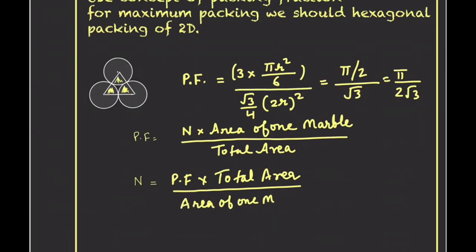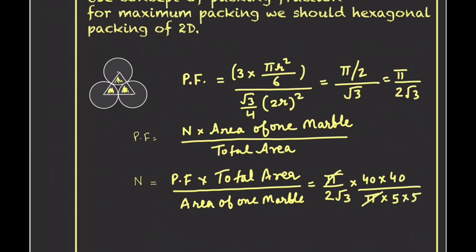When a marble is placed and we take its projection, it looks like a circle. So the packing fraction we calculated is pi/(2 root 3), total area is edge length squared, 40 into 40, and the area of one marble is pi r square, where r is 5, so 5 into 5. So pi will cancel out.